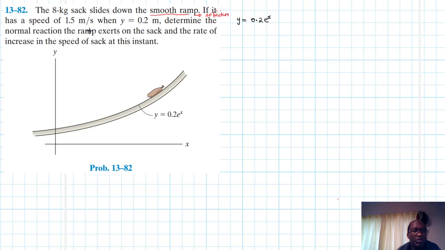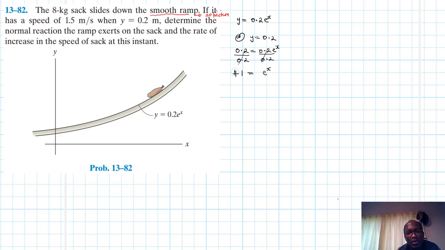So if the speed is 1.5 meters per second when y is equal to 0.2, then we can find the value of x. So 0.2 equals 0.2e to the x. We divide both sides by 0.2, then we have 1 equal to e to the x.